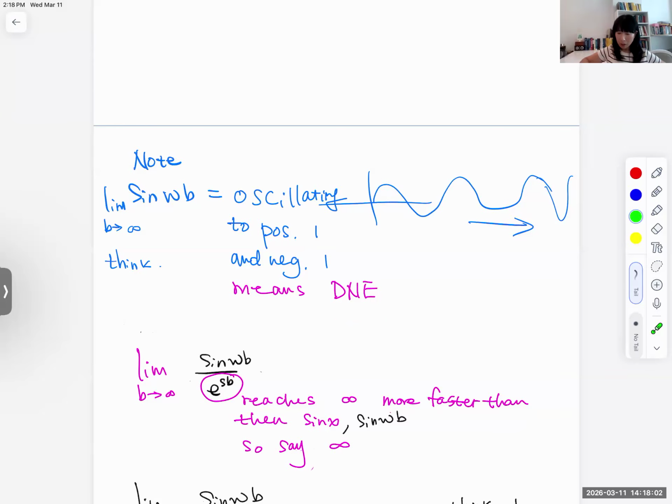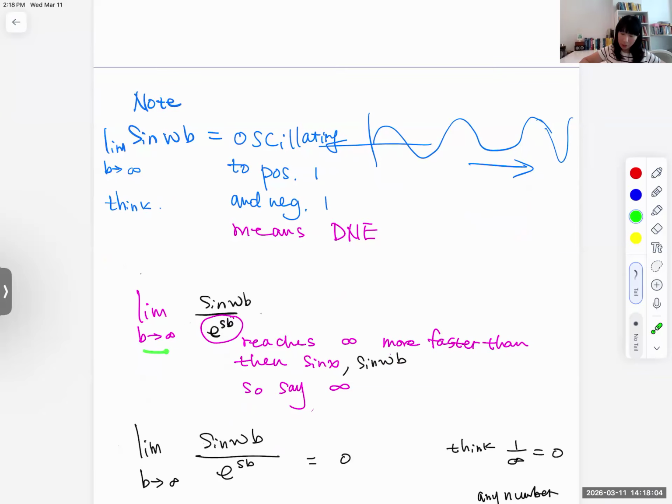Okay, but then what if we have the e to the sb in the denominator, with b approaching positive infinity? This one, e to the x power, approaches positive infinity much faster than sine omega b. All right? Make sense to you?